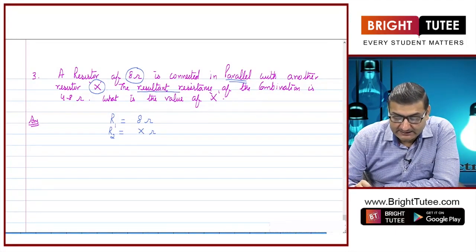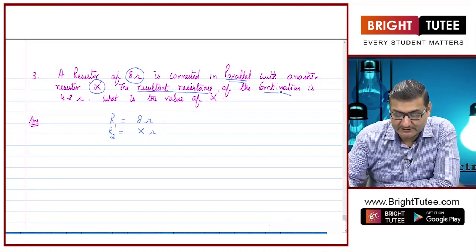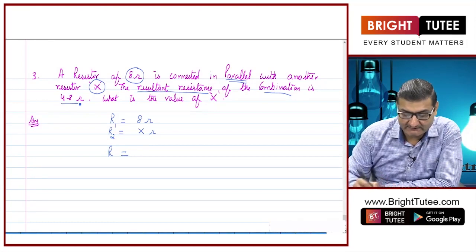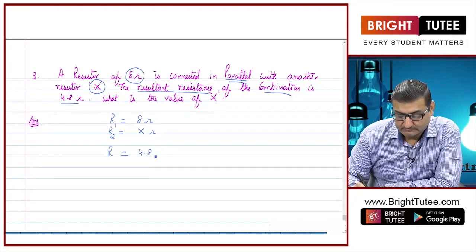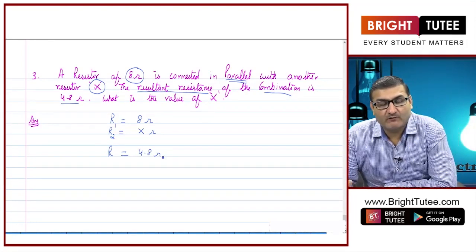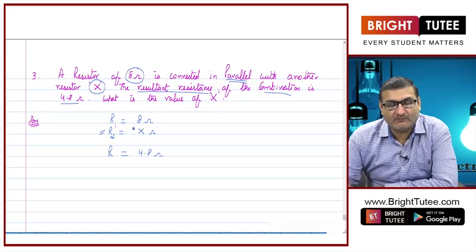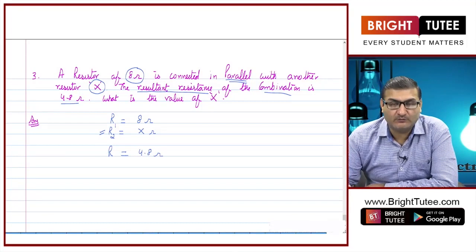The resultant resistance of the combination, that means total resistance, is given to us to be 4.8 ohms. We have to calculate the value of X, that is R2.